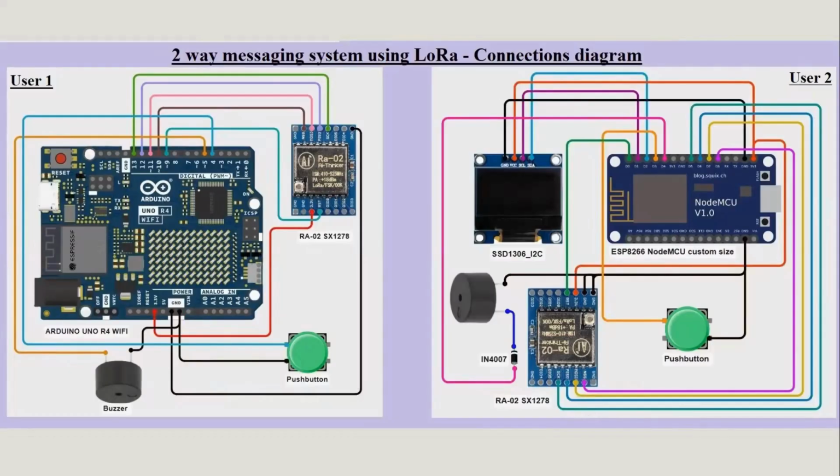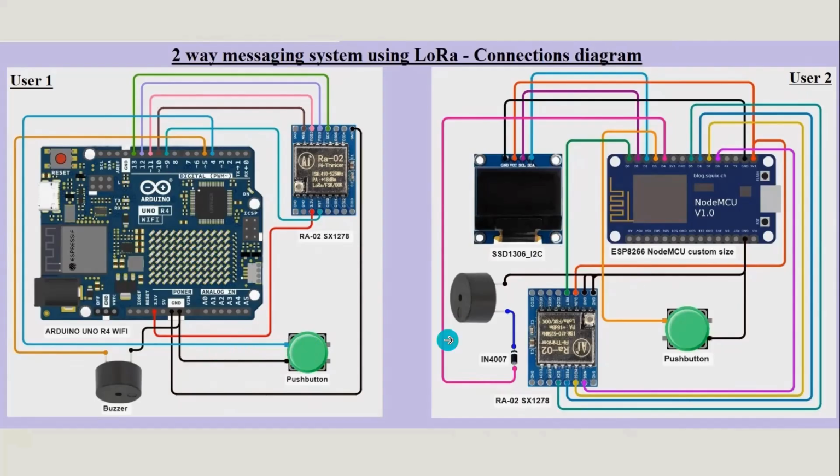Right, so this is the connections diagram for both. I have added a push button and a buzzer for each of these setups, so that using the push button, the user will be able to view the IP address and turn off the notification.